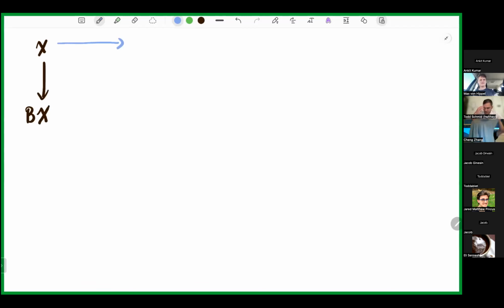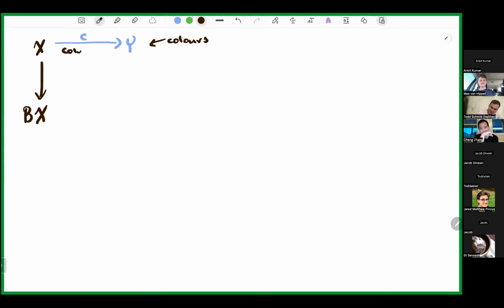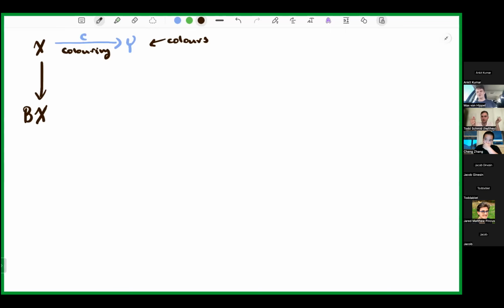I've already chosen X for the name of my coalgebra, so maybe the colors can be Y. This is my set of colors. So this, which we'll call C, is the coloring. The coloring is really a partition of your states. The colors can't overlap. You can't have one state with 2 different colors. But I can come up with multiple colorings to capture the different aspects of the problem I'm interested in, and then reason about it that way.